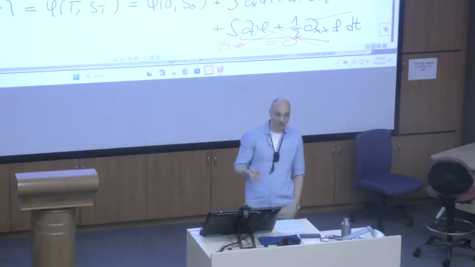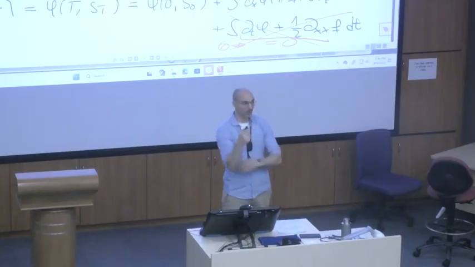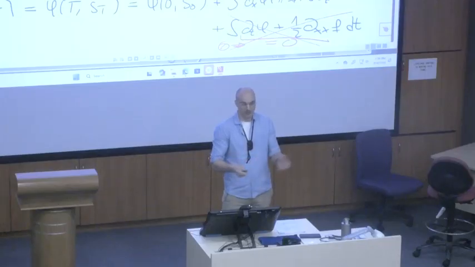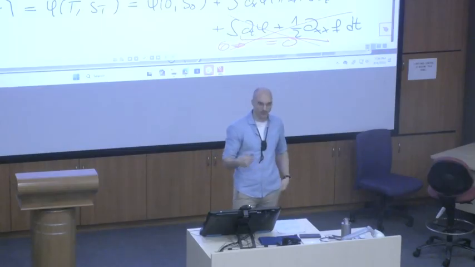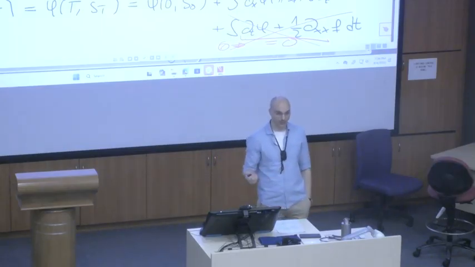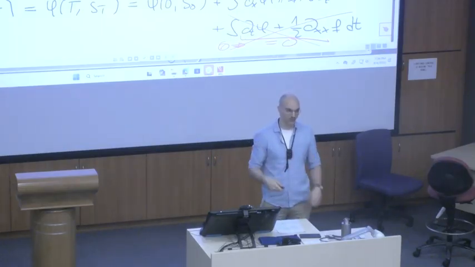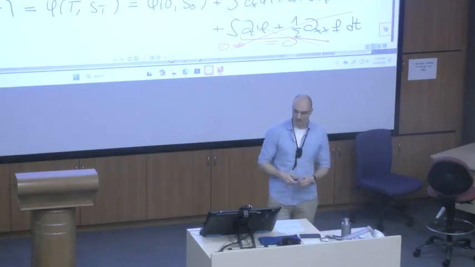Well, and why you would do that, of course, is because you have a lot of theory for partial differential equations. Those appear naturally in all sorts of areas, physics in particular. So people in physics have studied them for ages, and now in finance you can apply them.